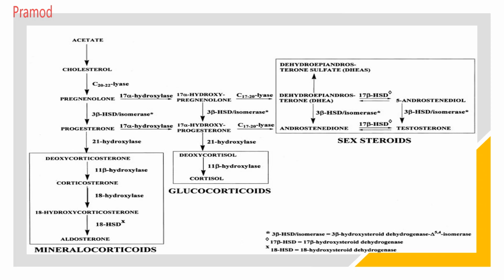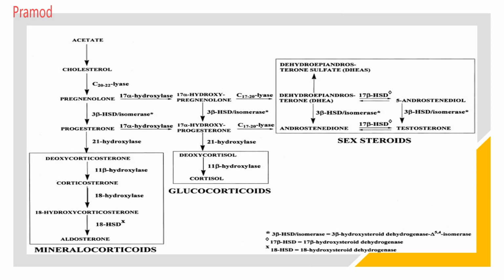It gets converted into dehydroepiandrosterone. Dehydroepiandrosterone contains an OH at the 3rd position, alpha position, and a double bond at the 5th position.